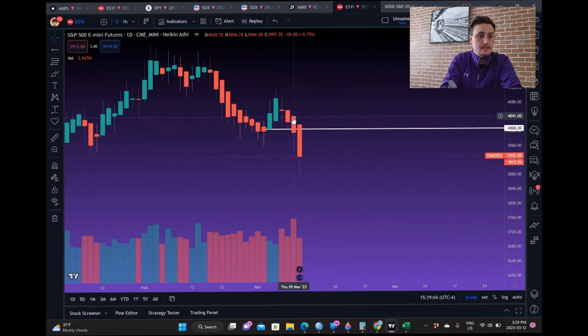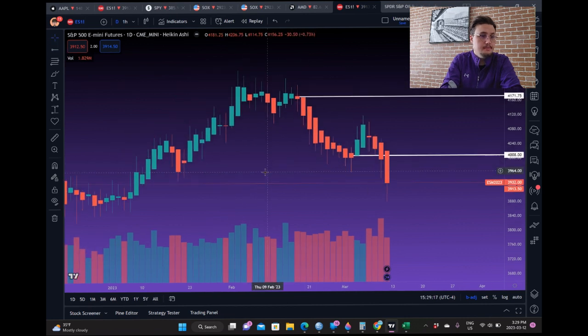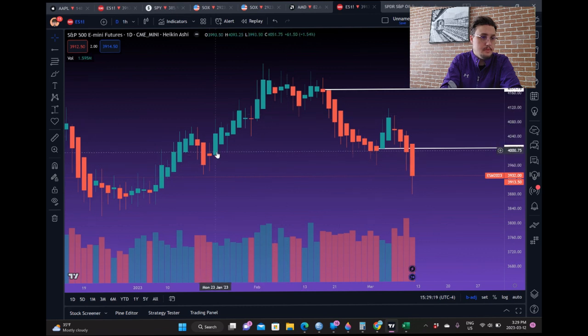So there is one. This is not the start of a downtrend because you see we have one, then this was not a flat top. So this is not, unfortunately, the start of a downtrend. We have the start of a downtrend here, though, so we can put one here. We have the start of an uptrend here, so we can put one here.